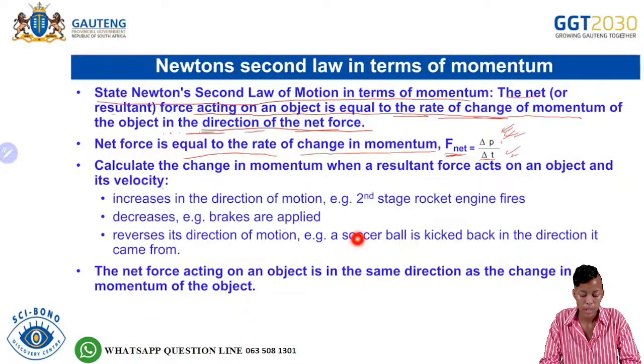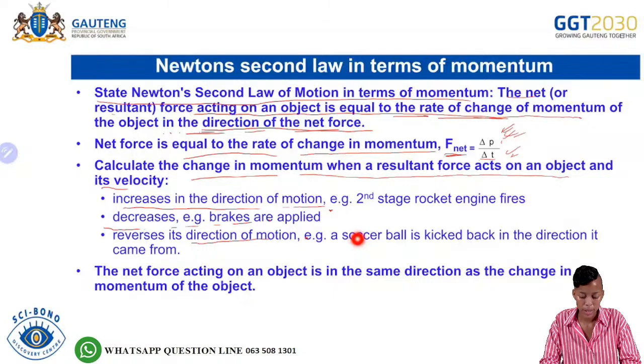Again, it says we need to be able to calculate the change in the momentum when a resultant force acts on an object and its velocity increases in the direction of motion. Number 2, when its velocity decreases. And then number 3, when it reverses its direction of motion.